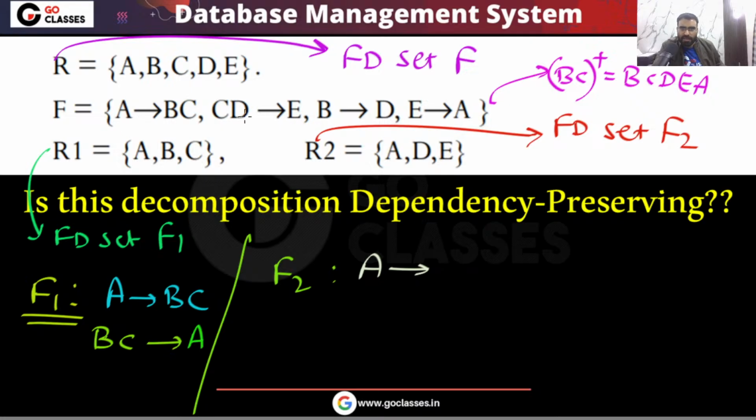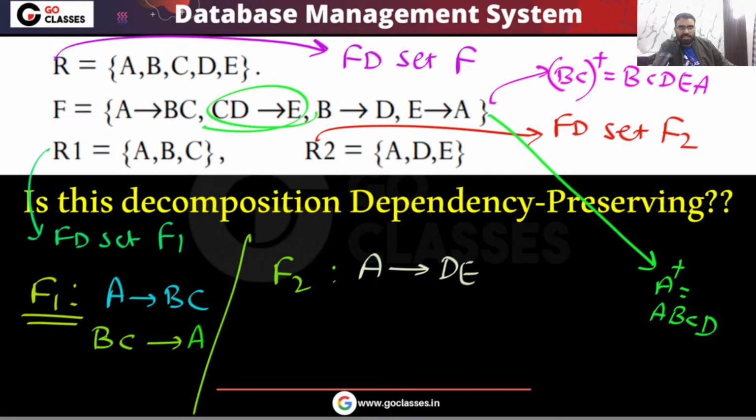If you find the A closure, it will be ABC, since A can determine BC. Next, B can determine D. We got D also. CD can determine E. So that's it. You can easily see that A can determine DE.